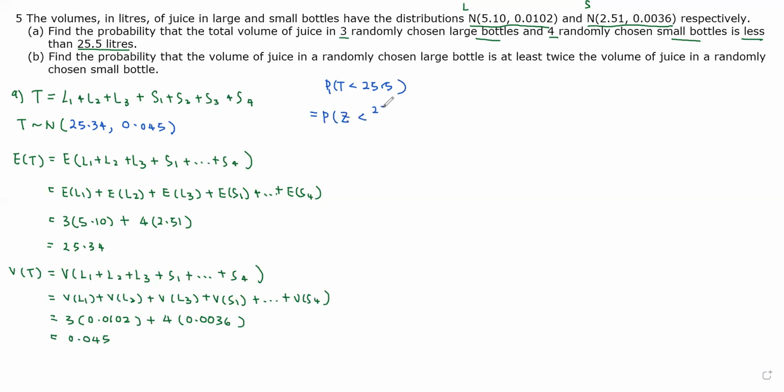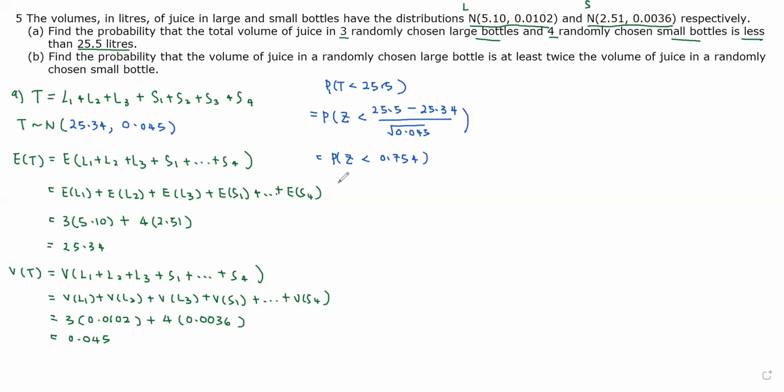This will be less than 25.5 minus the mean, which is 25.34, divided by the standard deviation. We take the square root of the variance, which is 0.045. And that will give us the probability that Z is less than 0.754.